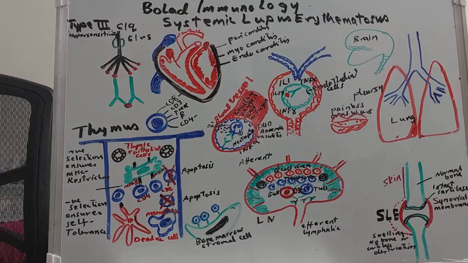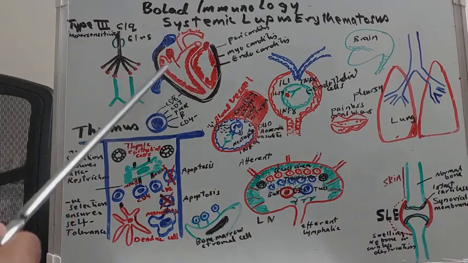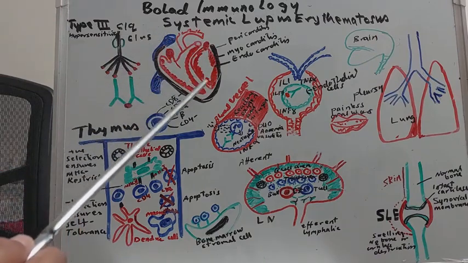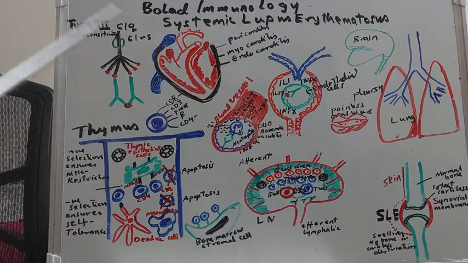In the heart, as I mentioned, SLE may predispose to pericarditis, myocarditis, or endocarditis due to deposition of these immune complexes.